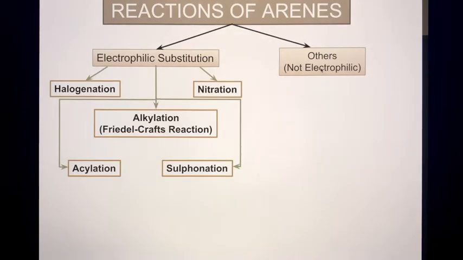I will give you the list for electrophilic substitution. There are 5 here: halogenation, nitration, alkylation, acylation, and sulfonation. These 5 have the same basic mechanism. So if you already understand the mechanism in electrophilic substitution of benzene, then you can nail all these 5 reactions.